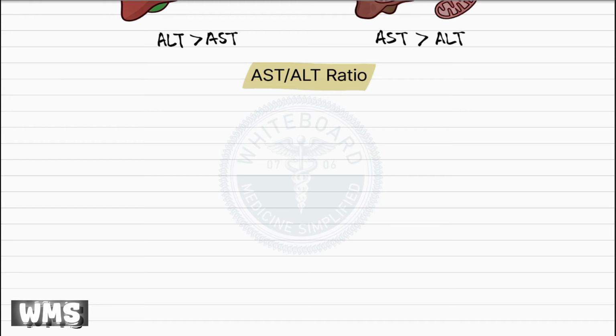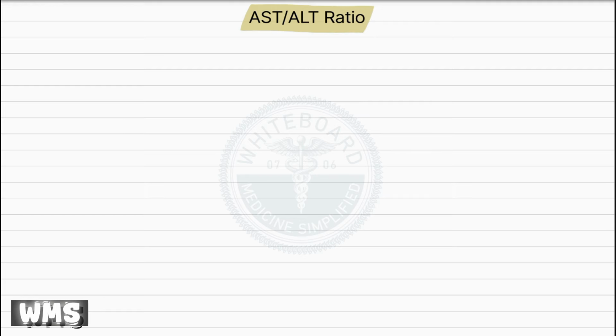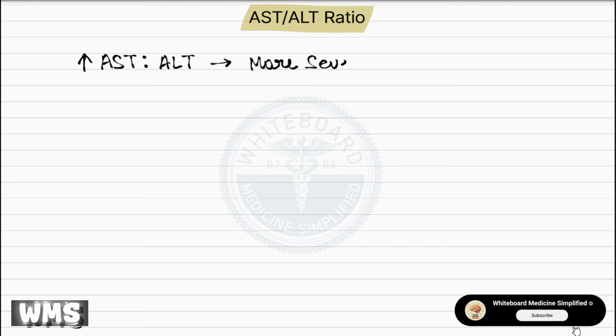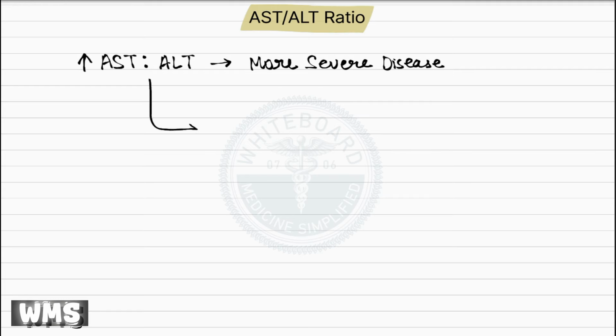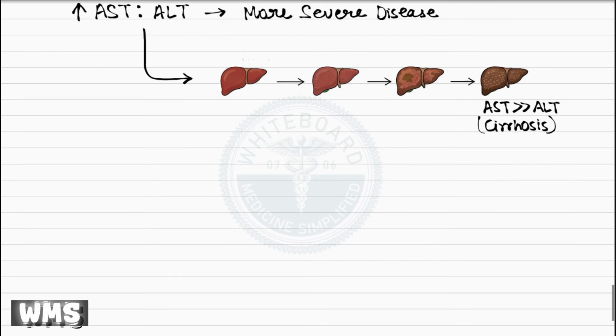Since AST is associated with more severe or advanced liver injury than ALT, an increase in the AST to ALT ratio may suggest more severe liver disease. So clinically, this ratio tends to increase as liver disease progresses, and a higher AST to ALT ratio can suggest the presence of cirrhosis.